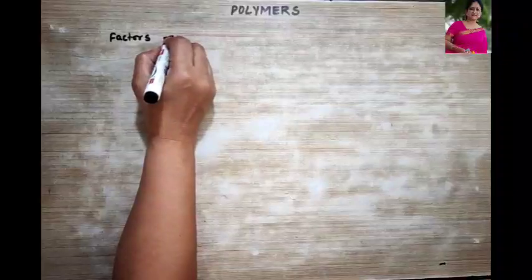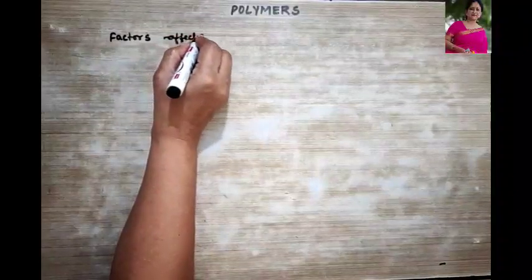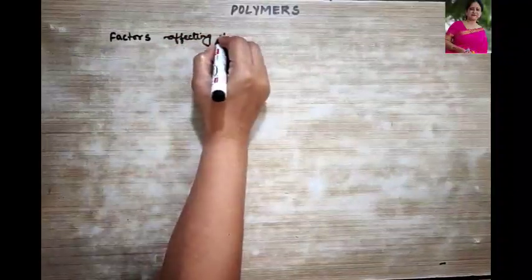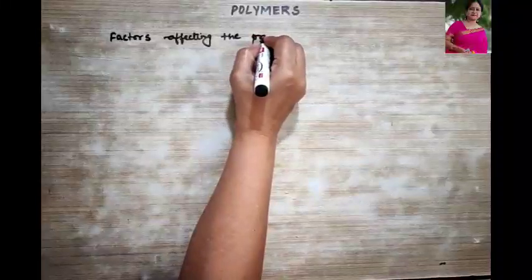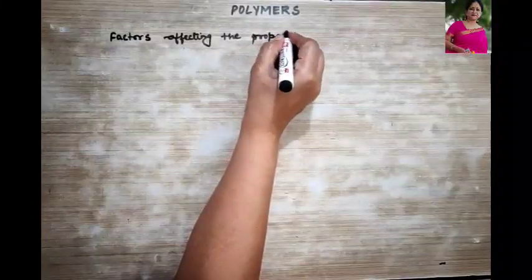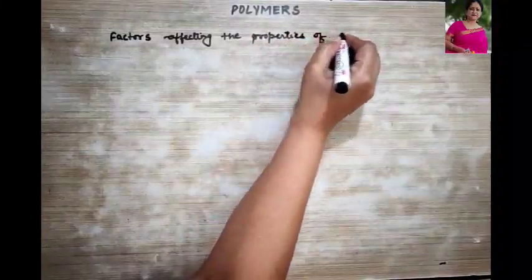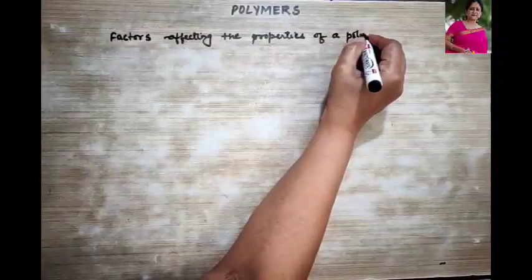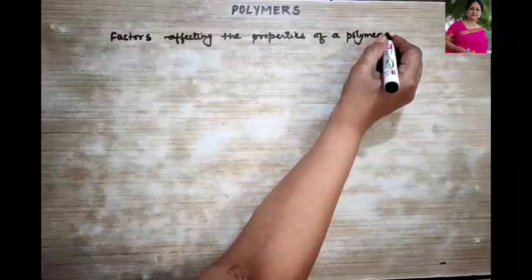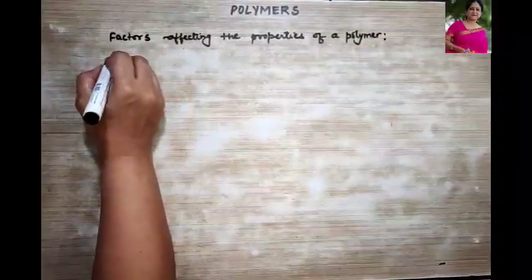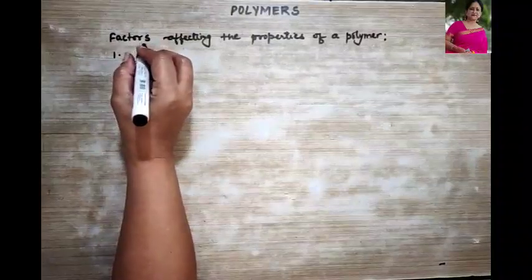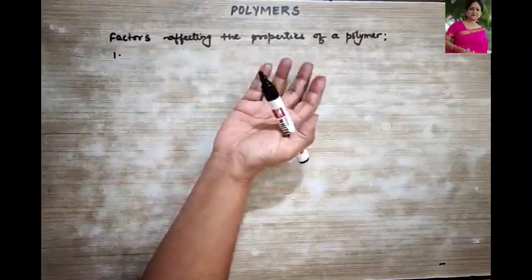Factors affecting the properties of a polymer. So the factors could be the molecular mass and the degree of polymerization.